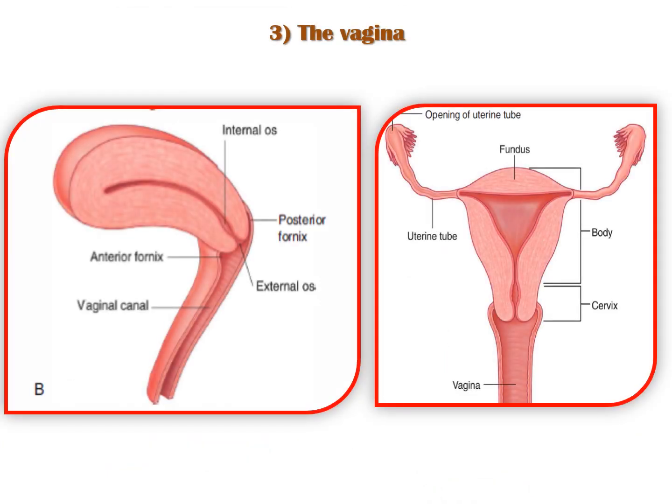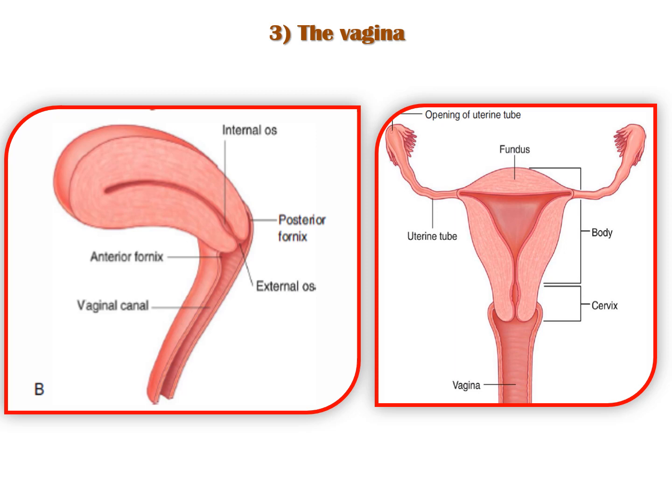And finally, the vagina. The vagina has two walls, an anterior wall and a posterior wall. The anterior wall of the vagina is pierced by the cervix of the uterus.